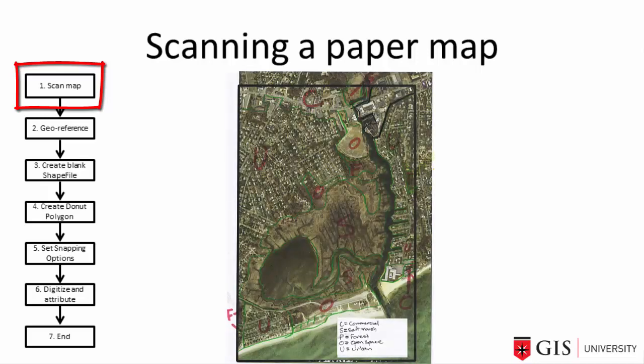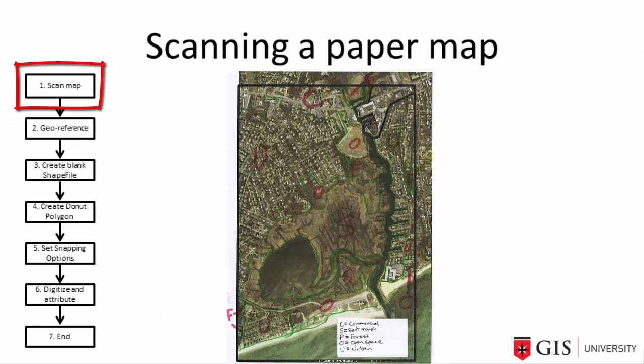The map is a simplified version of a land use map that I downloaded from the Massachusetts GIS site. These days, many governments have such sites, and I simplified this map really just because I want you to get the hang of digitizing with only a few polygons, and I don't want to overwhelm you too much.